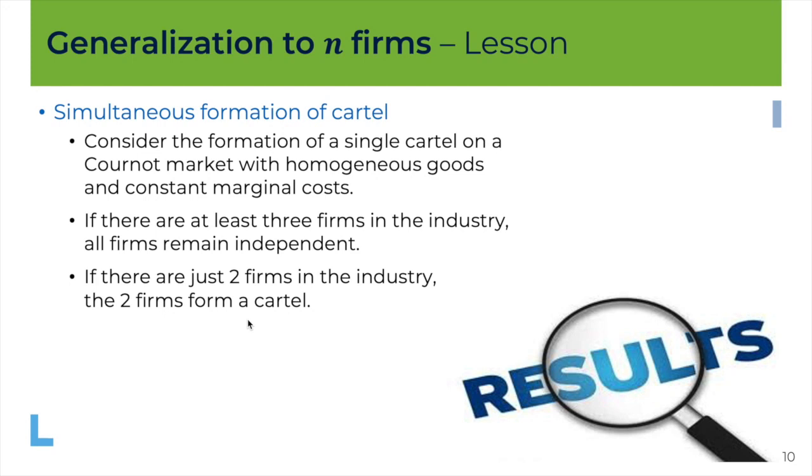This is the unique Nash equilibrium of the 2-stage game. Okay, so that underlies the fact that inherently cartels in a Cournot market, which are formed in a simultaneous way, these cartels are inherently unstable, meaning that they don't form.